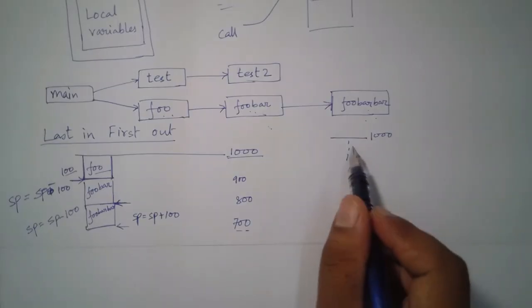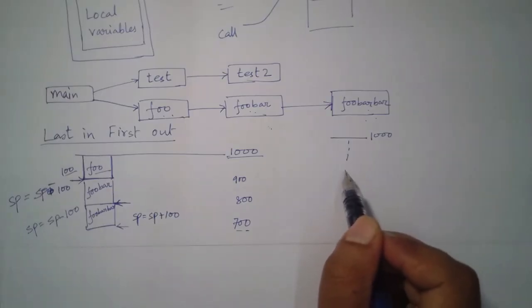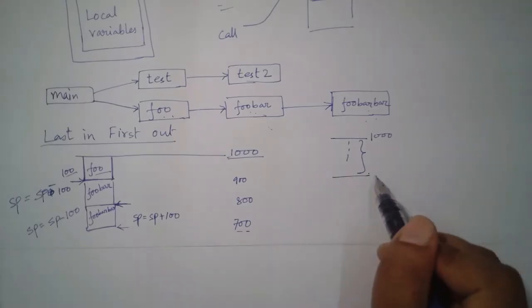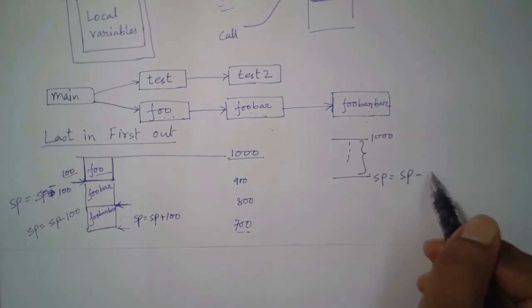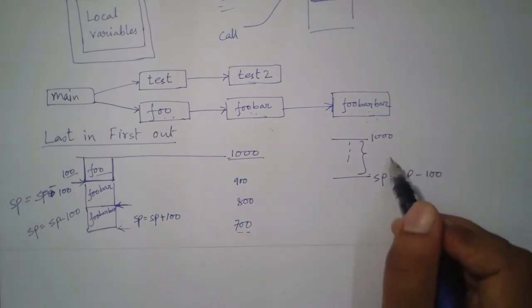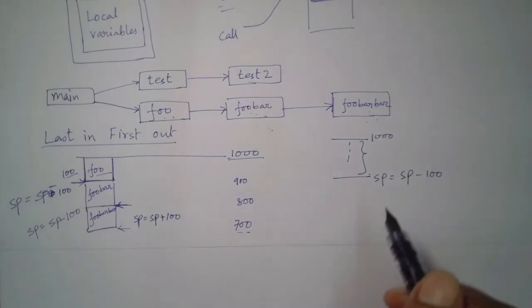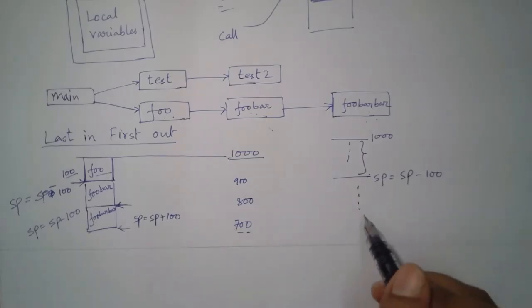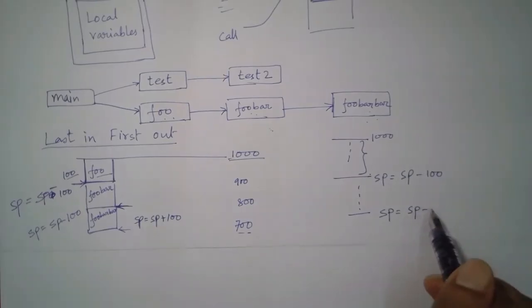Then whenever I want to allocate, depending on how much I want to allocate, I will be updating my stack pointer. So let us say if I want to allocate this much, then I will update my stack pointer saying that this is the new value. Assuming that these are 100 units, 100 bytes or 100 words, whatever you want to say. Similarly, if I want to allocate something more, then I will update it again like this.